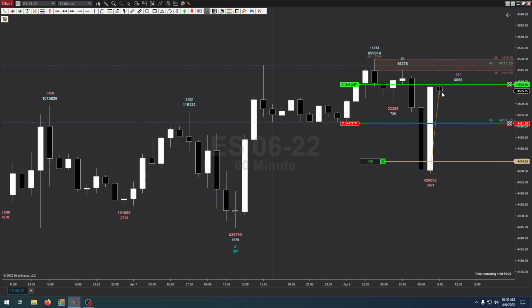Pretty much the minute the orange line disappears, my target's hit. So, can we confirm a swing high? And this is the reason I try to stay in this trade right here, the hourly, even after point D got hit, which I should have had my target at point D once that was created.